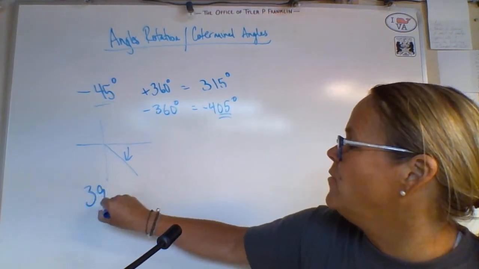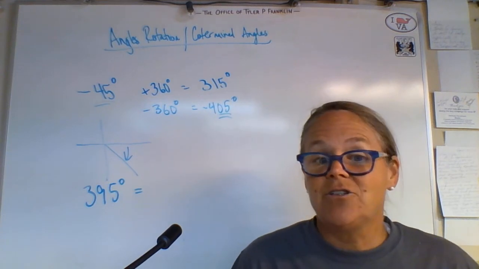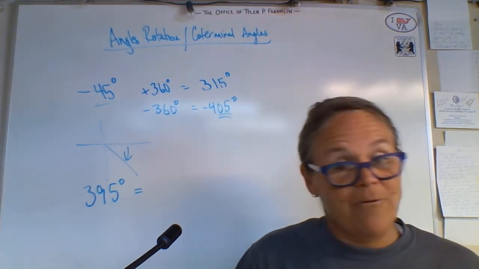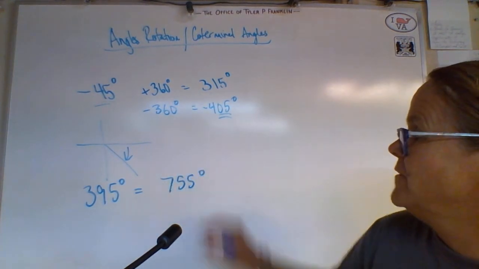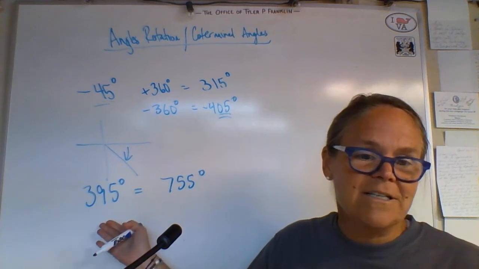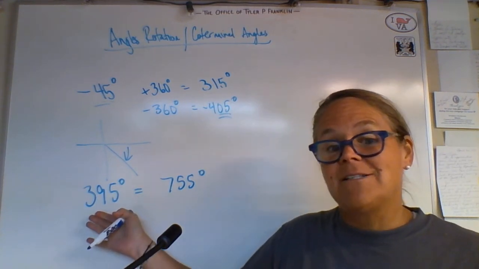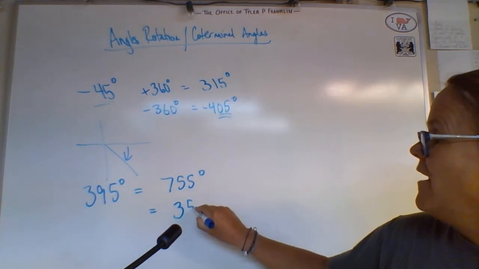Now, be careful if it's over 360 to start. So what some people will do is they'll be like, oh, I'm going to add 360 and I'm going to get 755. Well, I would have said that's over a full circle anyway. So I'm going to subtract 360 and I'm going to get 35.